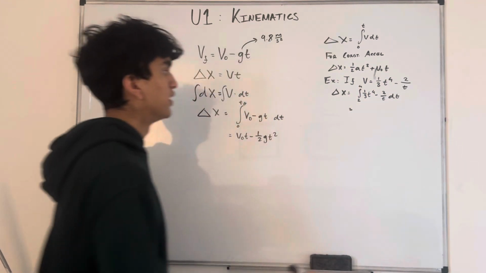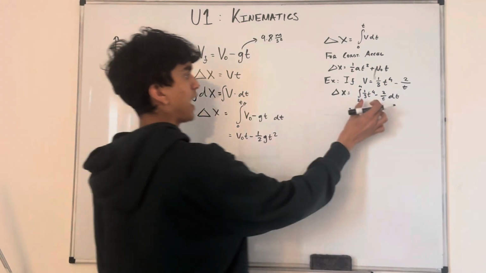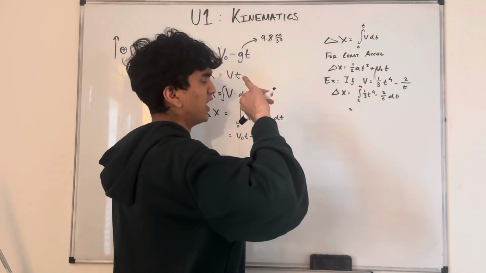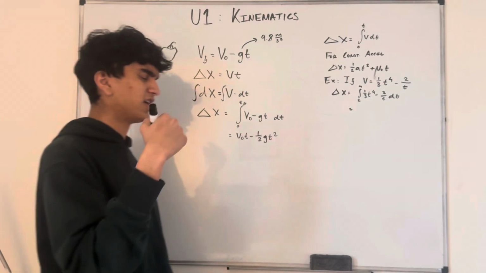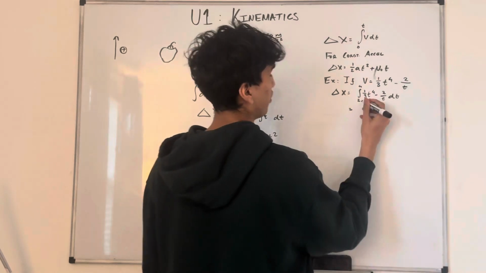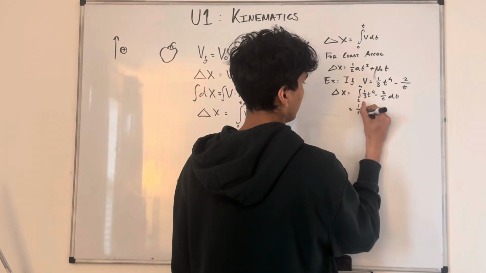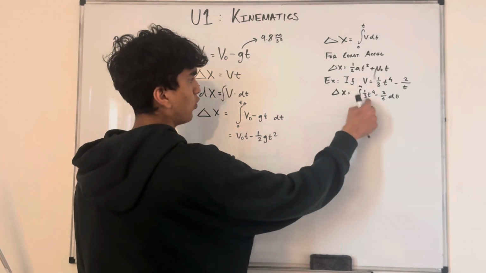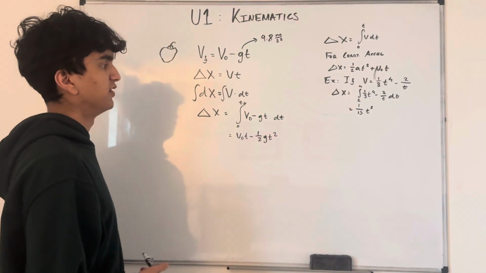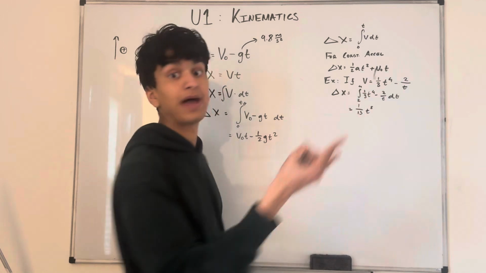If I think about how to integrate this, I would use a power rule here. You would pull out the 1/3. It would be t to the 5th over 5, so that would be 1/15 times t to the 5th. If you're unsure how I integrated that, I just took the 1/3 out, that's kind of like a constant, and then I do my reverse power rule, right?